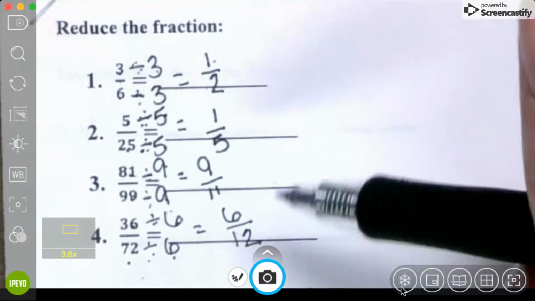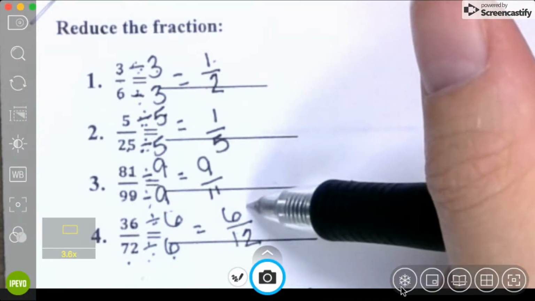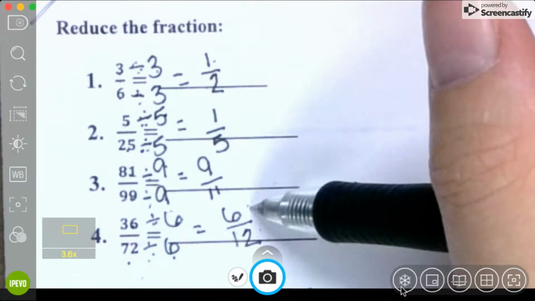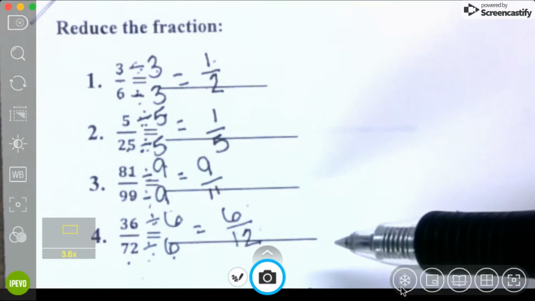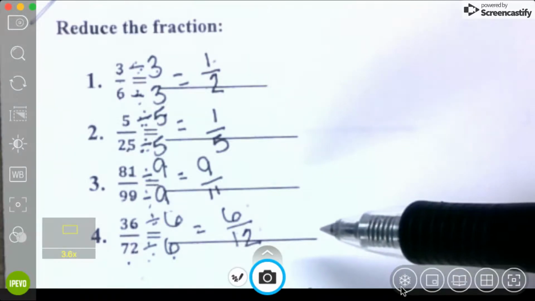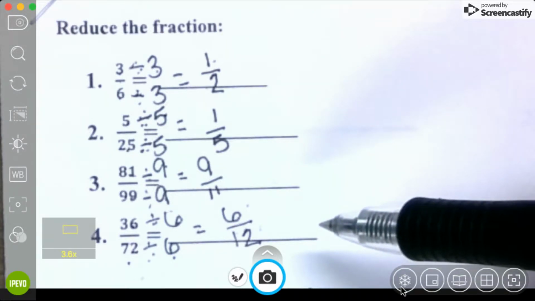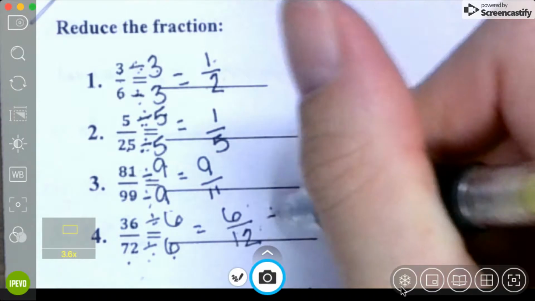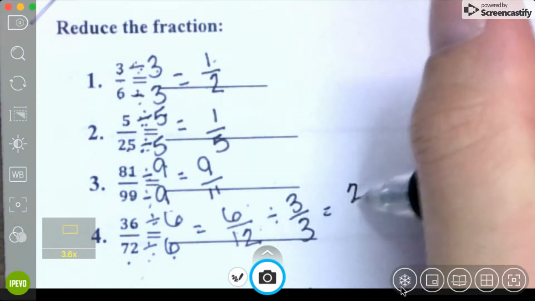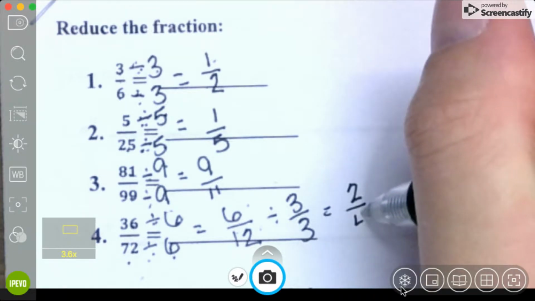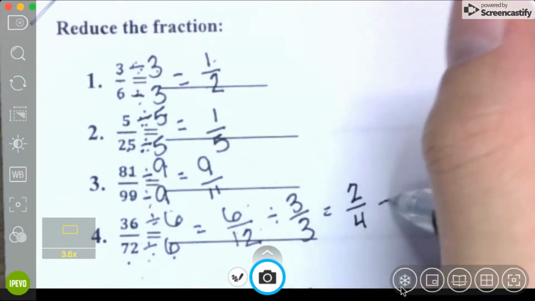Well, can I divide anything here still again? You could say 3. You could say 2. I'm going to do 3. That gives me 2/4. Oh, I can divide it again.